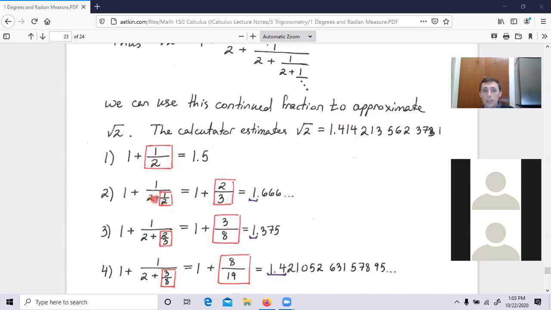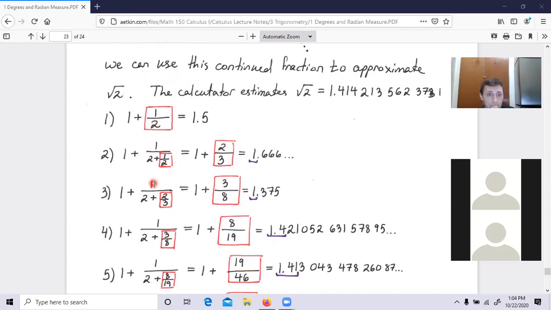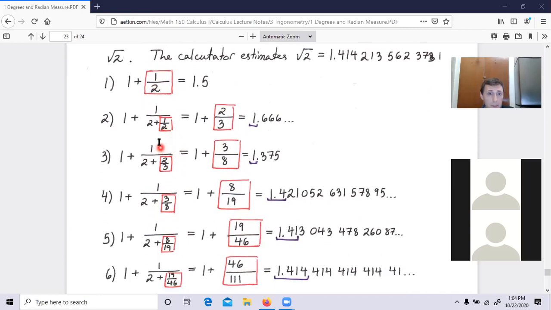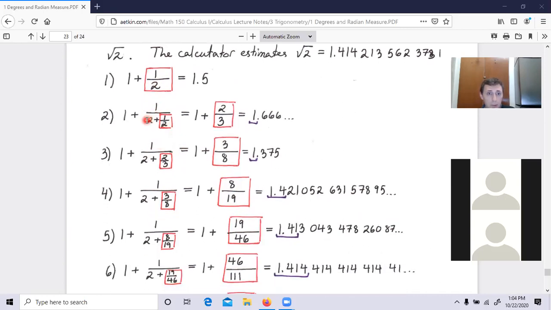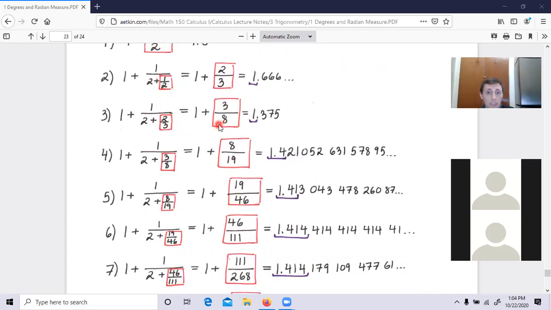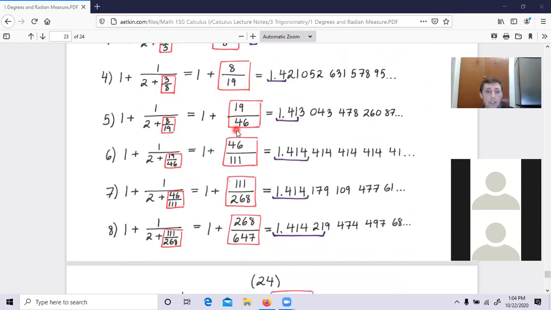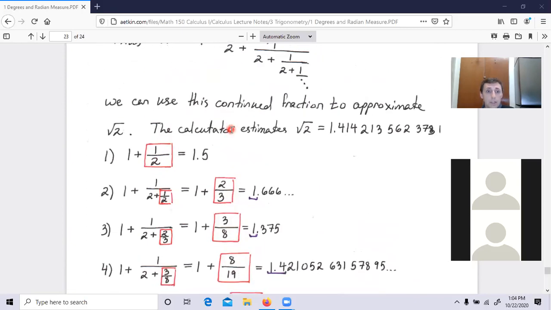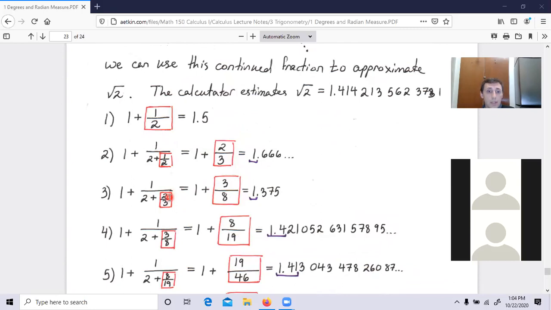I multiply numerator and denominator by 2. So I made a mistake here. It's interesting. I multiply this by 2 and this by 2. It should actually be 5 here, but it's a stable thing. So I made a mistake here.